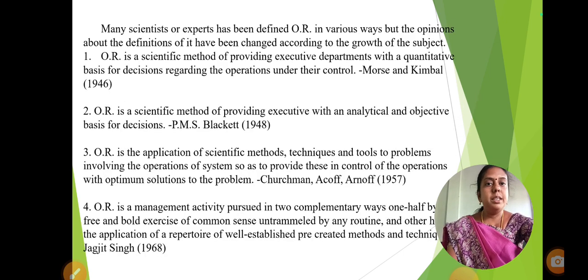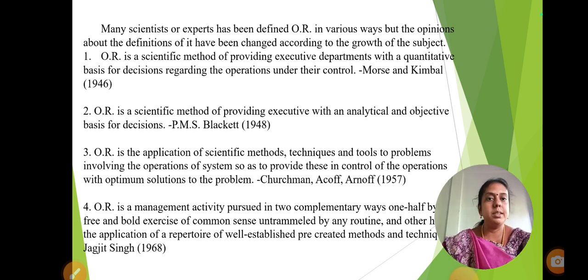So many scientists and experts have defined operation research by their own opinion. In 1946, Morse and Kimball defined operation research as a scientific method of providing executive departments with a quantitative basis for decisions regarding the operations under their control.